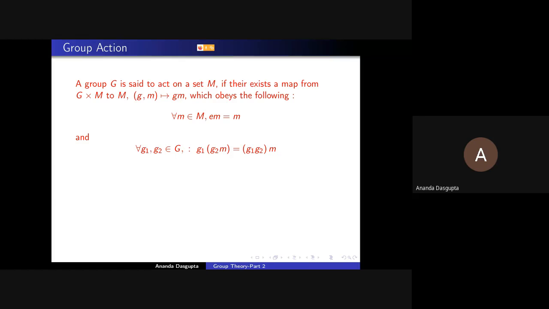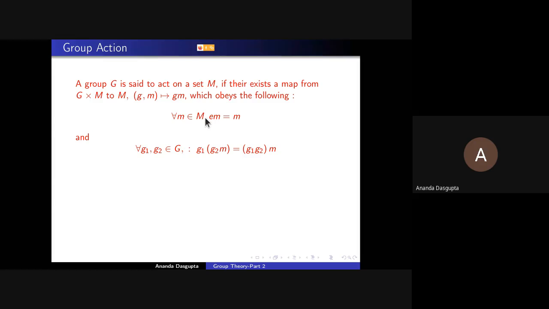And this map has to have some properties in order for it to qualify as a group action. The first property is that the identity element of the group should do nothing to any point M. So every point in the set capital M will stay unchanged when you apply E on it.